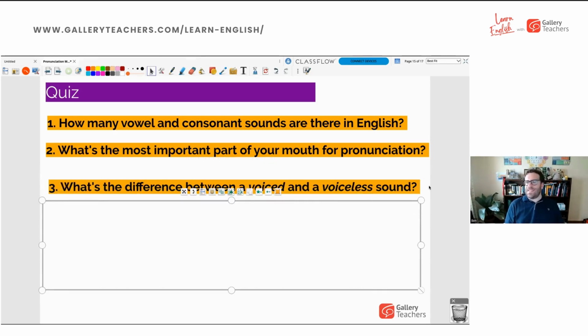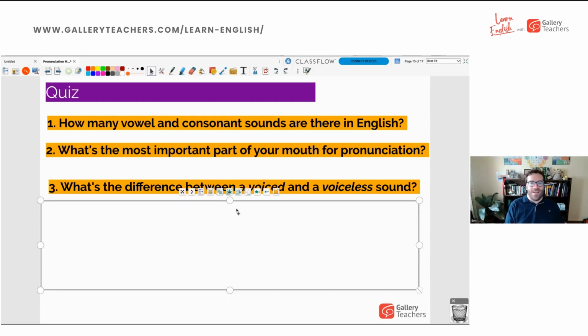Okay, what's the difference between a voiced and a voiceless sound? Right, so things like p and b. So it's your voice box, and if your voice box is vibrating or not.